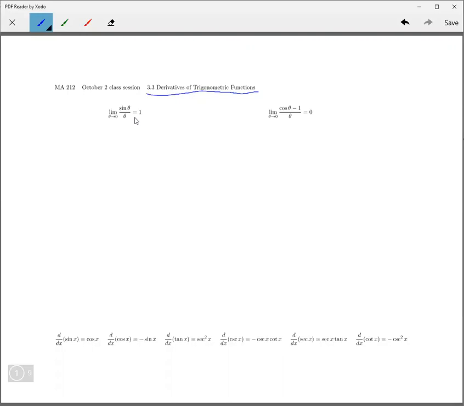Okay, so let me show you how you would take the derivative of sine x, for example. This is going to be the limit as h goes to 0 of sine of x plus h minus sine x, that's f of x plus h minus f of x, all over h. Now what you do is use the sum rule for sine of x plus h.